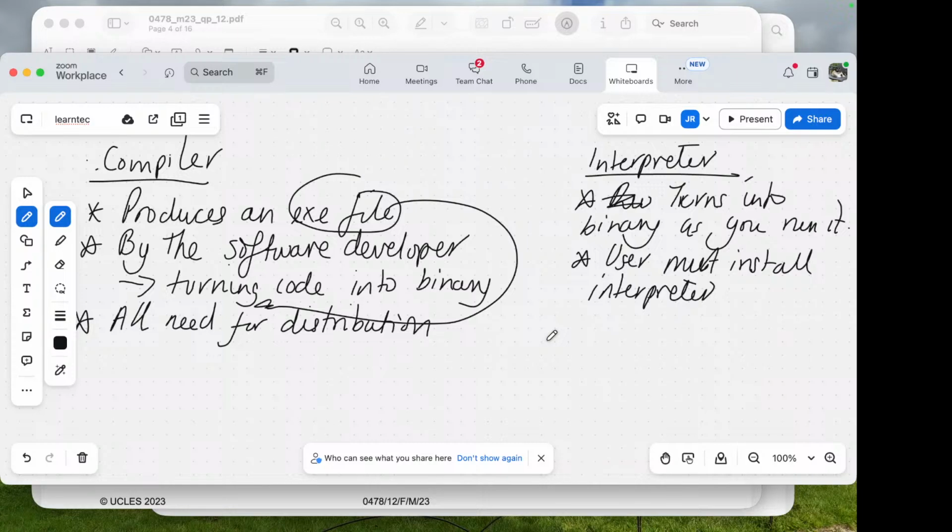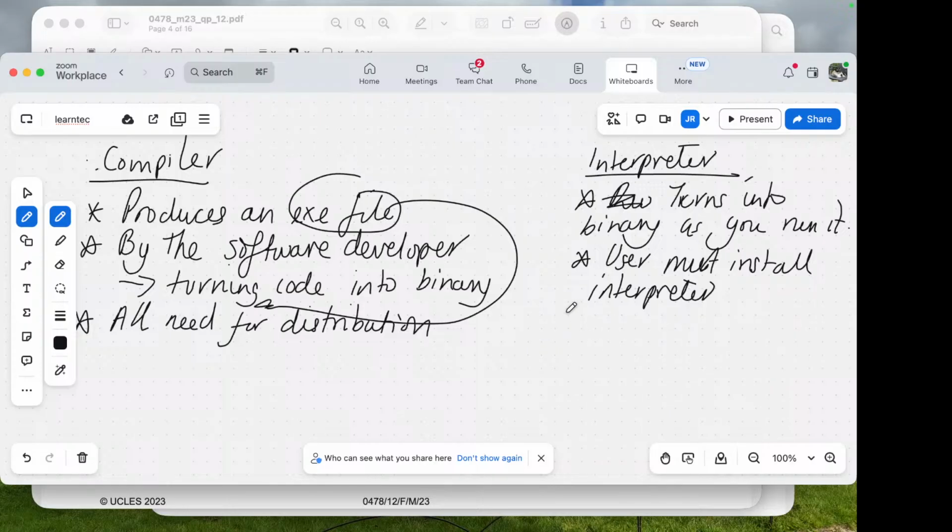I think there is an equivalent for Python. I haven't distributed any of my code in Python, I've only ever done small projects for teaching, but I believe there is a mechanism to give people Python at the same time as your code. So that's the crux of it.